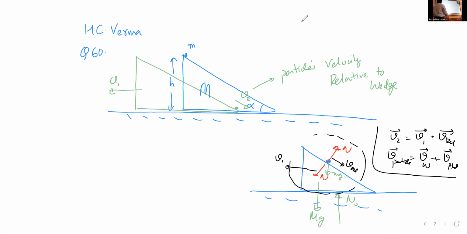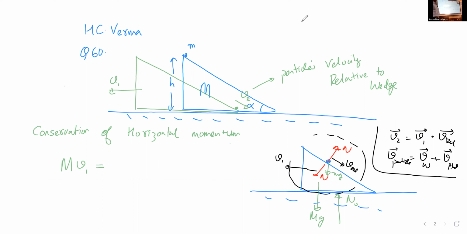So what will we apply? We'll apply conservation of horizontal momentum only, not conservation of momentum, to this system. That equation will give me capital MV1 on this side, which has to be balanced by the horizontal component of the particle's velocity.